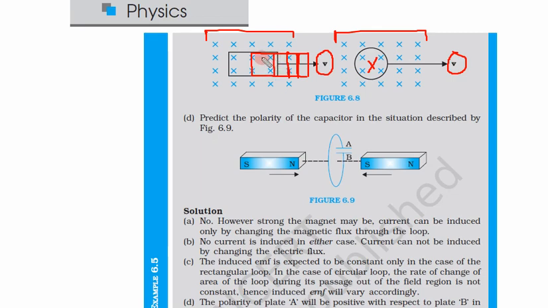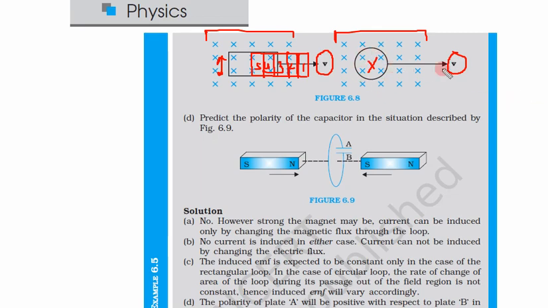All the areas for this rectangular loop, area 1, 2, 3, 4 and 5, are the same because its width remains constant. So the same area will travel in 1 second.